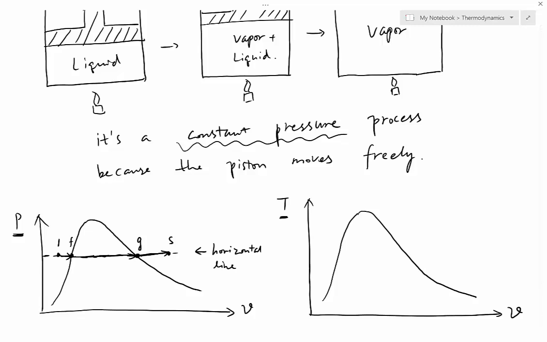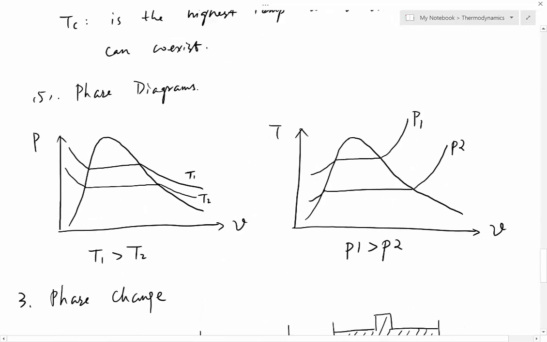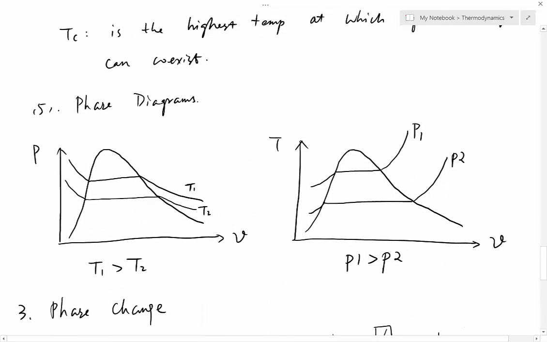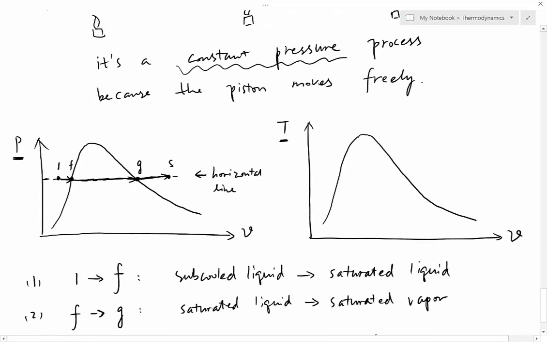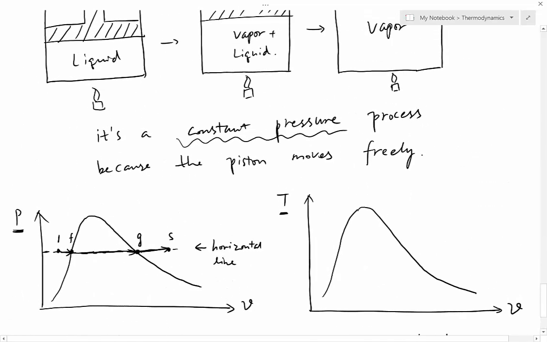Where is the constant pressure line on a T versus nu diagram? Take a look at the right. Do we have a constant pressure line? How do we sketch a constant pressure line? Curve up, straight, and curve up. So now what we need is a constant pressure line here. Curve up, horizontal line, and curve up.